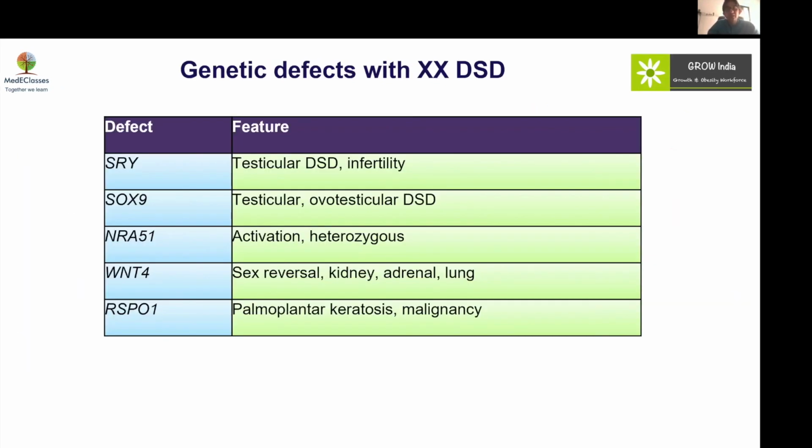So these are the genetic defects. Ultimately, they will be infertile whether they are raised as male or female, because they do not have the proper array of genes required for normal gonadal development and normal gonadal function.